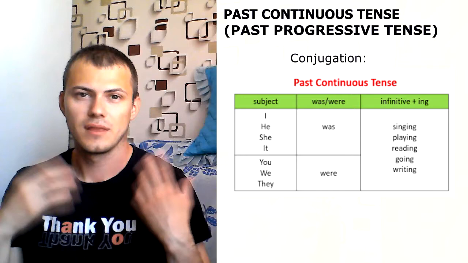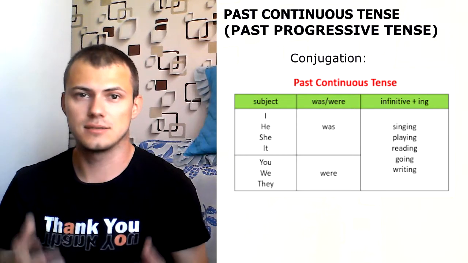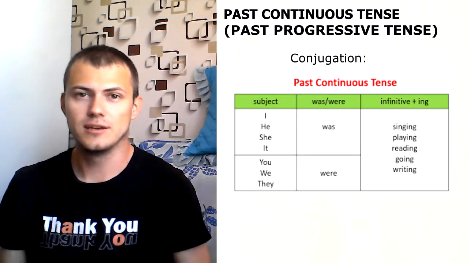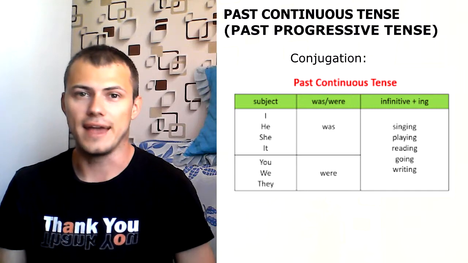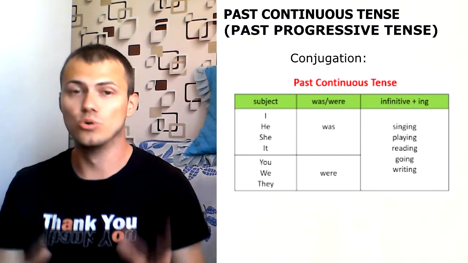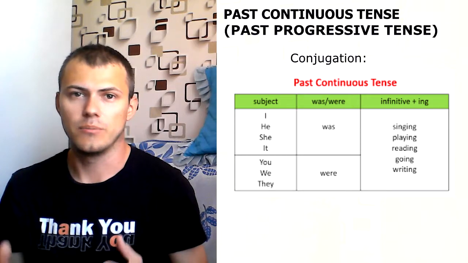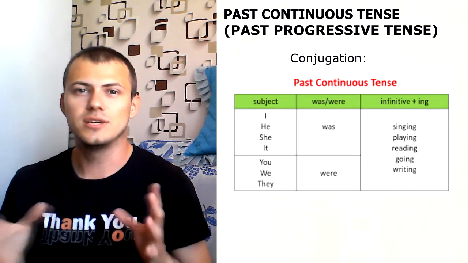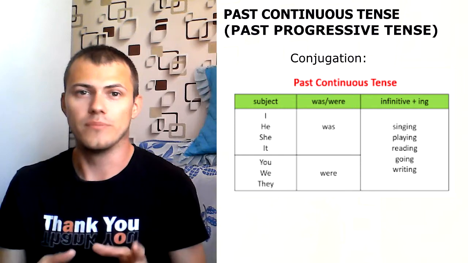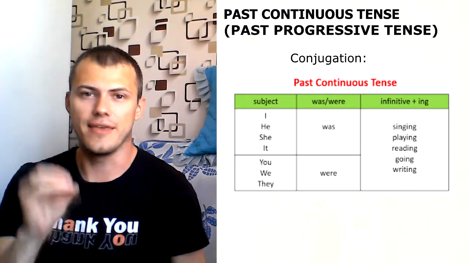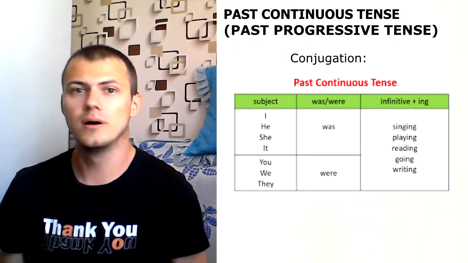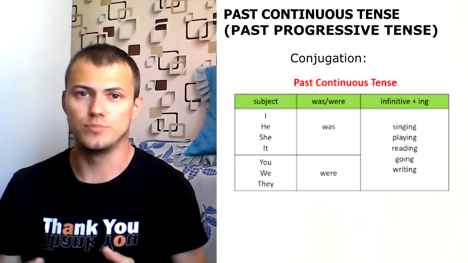If the subject of a sentence is we, you, they, or any plural noun, for example, my friends, my co-workers, we should use the form were, the other past form of the verb to be.